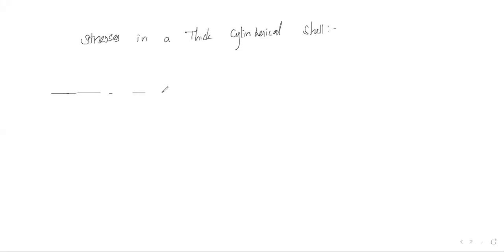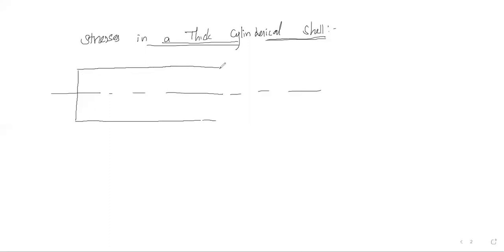This is our longitudinal axis. So this is with respect to the longitudinal axis.